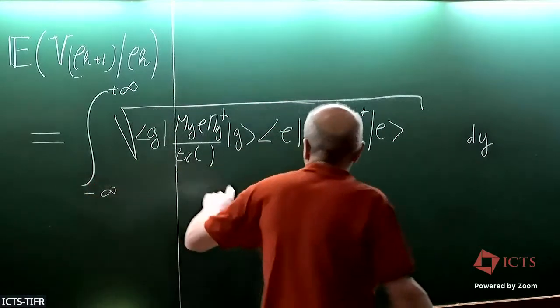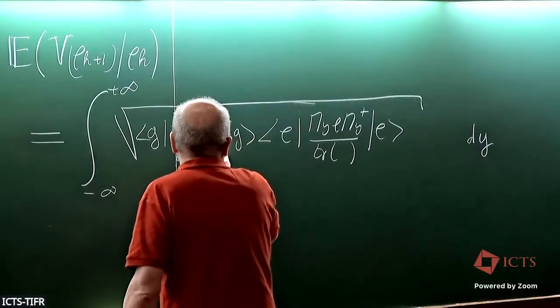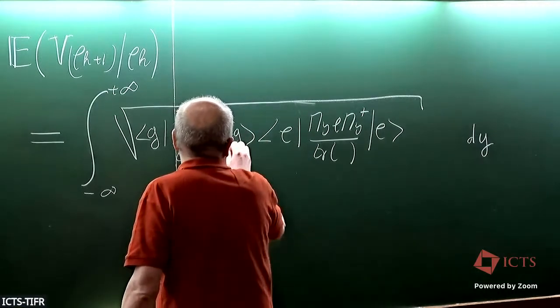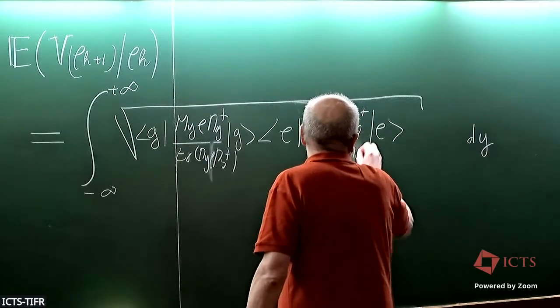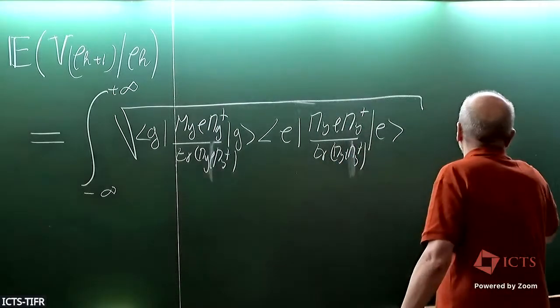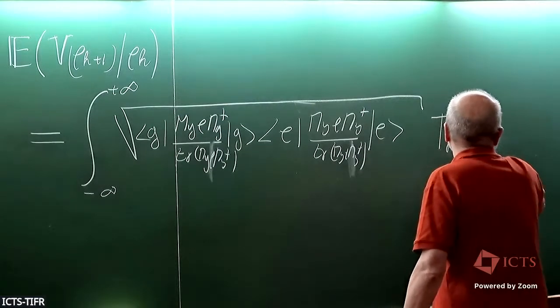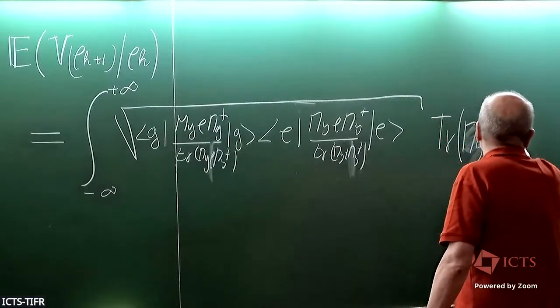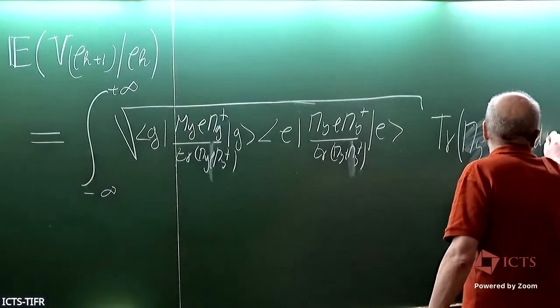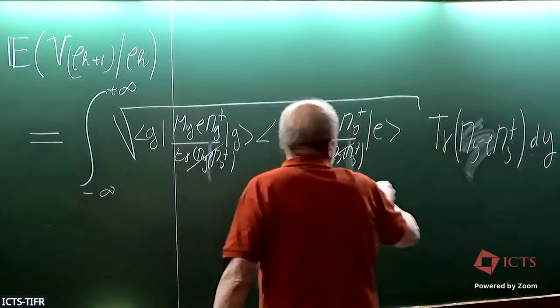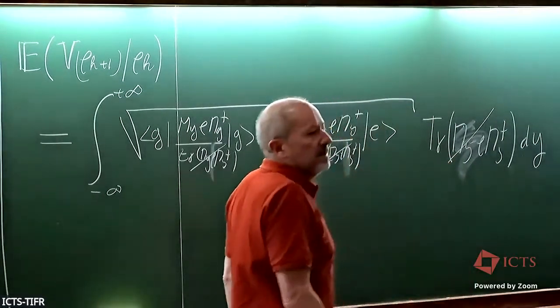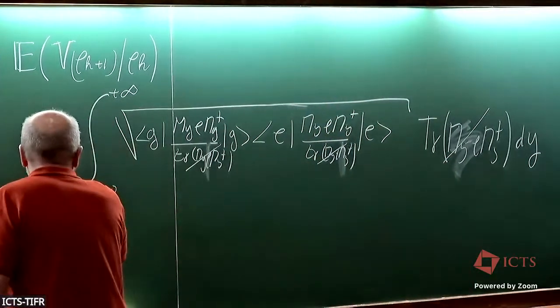And what is the probability? The probability here is the trace of M_y rho M_y dagger, and I have to multiply here by dy. So you see that this guy and this guy cancel.